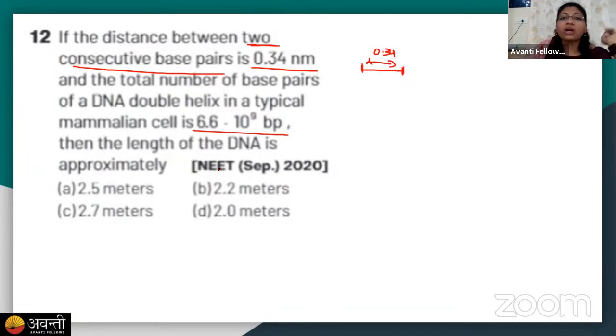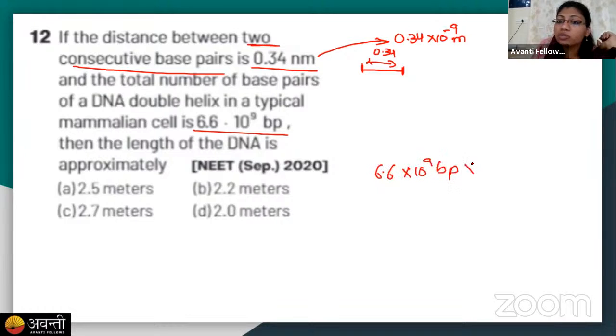Let's find out whether your answer in the chat box is correct or not. Initially we have to convert the distance into meters. As it is given in nanometer, we convert it to 0.34 into 10 raised to power minus 9 meter. We multiply this with 6.6 into 10 raised to power 9 base pairs. The powers of 10 cancel because one is positive and one is negative, so we multiply 6.6 into 0.34.